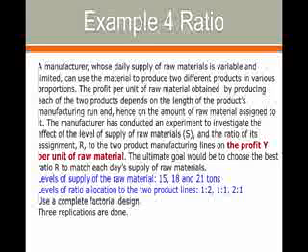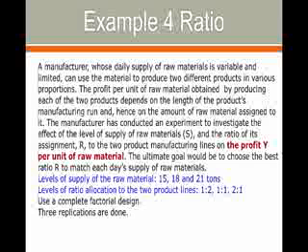The manufacturer has conducted an experiment to investigate the effect of the level of supply of raw material and the ratio of its assignment R to the two-product manufacturing line on the profit Y per unit of raw material. The ultimate goal will be to choose the best ratio to match each day's supply of raw material.